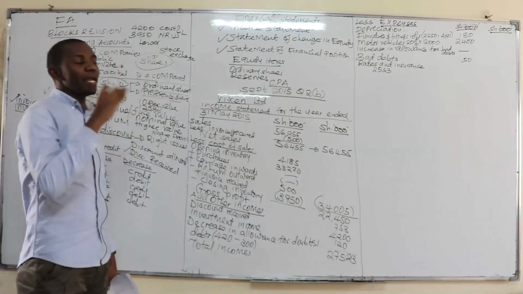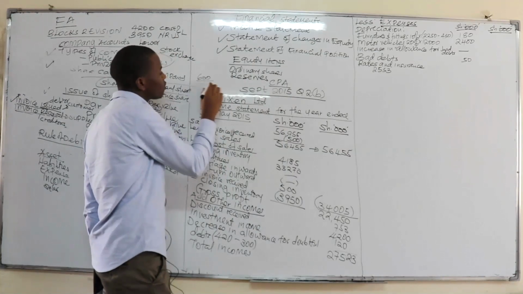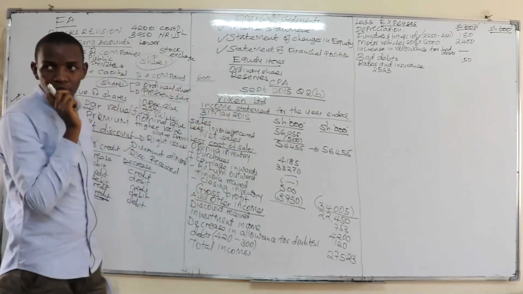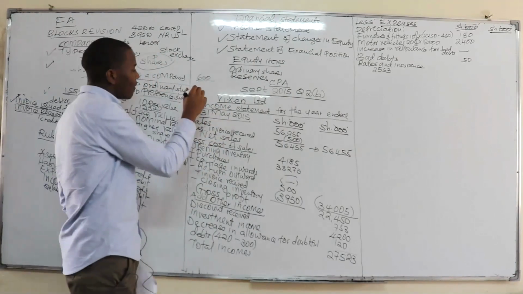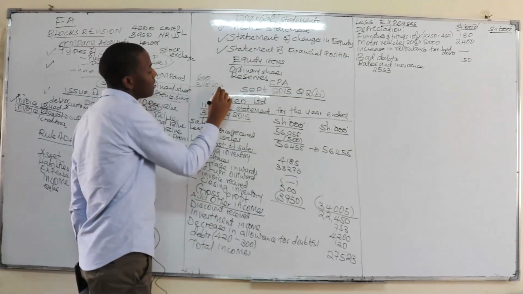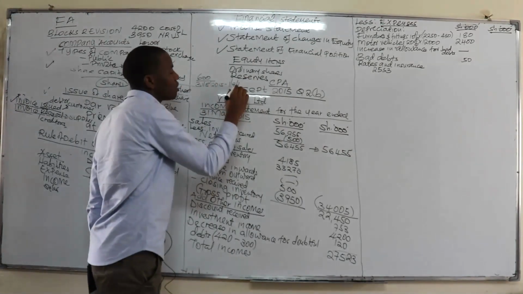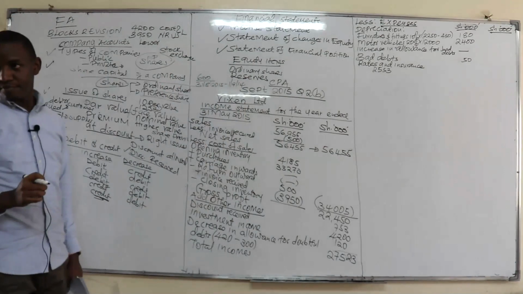So what was paid, 600,000, in this case, is to cover 1 year. That means if it is ending 31st August 2015, it was paid to start from what? 1st of September 2014. Okay.